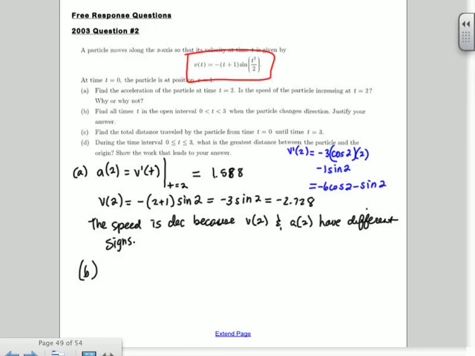Sine of 0 is 0, right? So at 0, it was already at 0. So my graph looks like this. But at 0, it's not changing direction, right? It's just starting out in the negative direction. Okay, so it's only right here. So that would be at t equals, we find the 0. So second trace, zero.